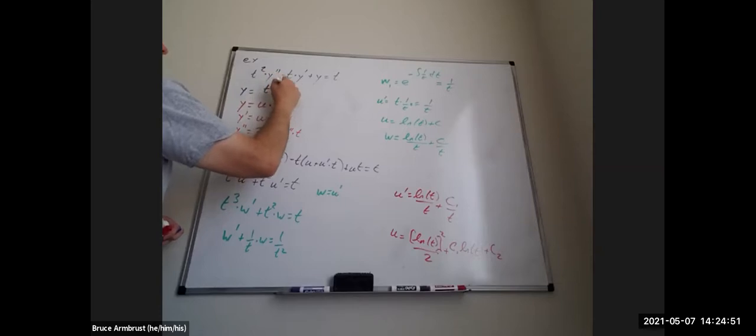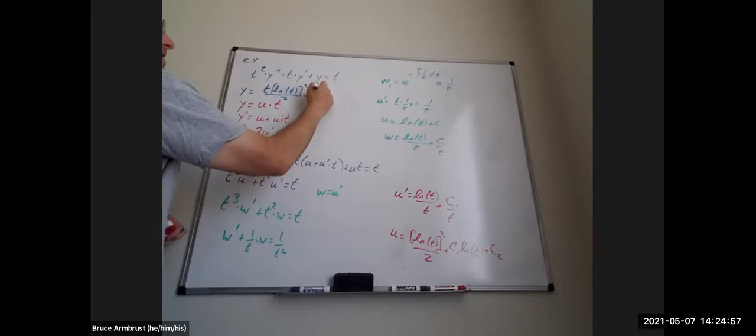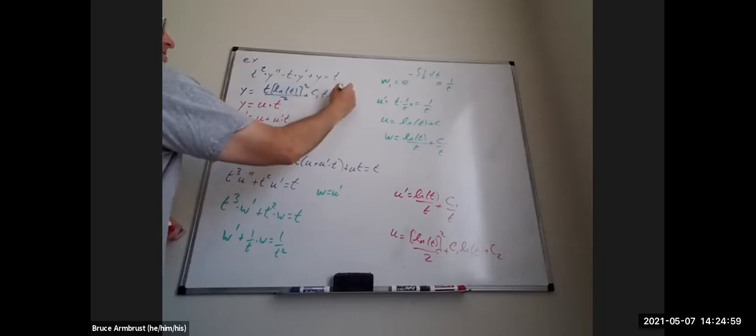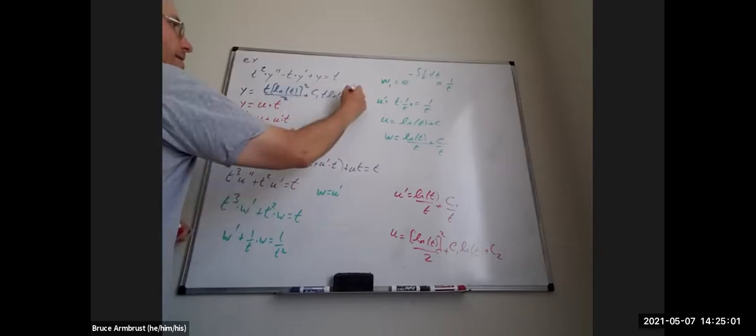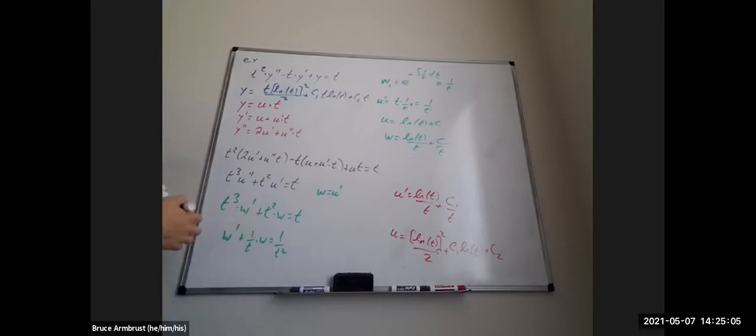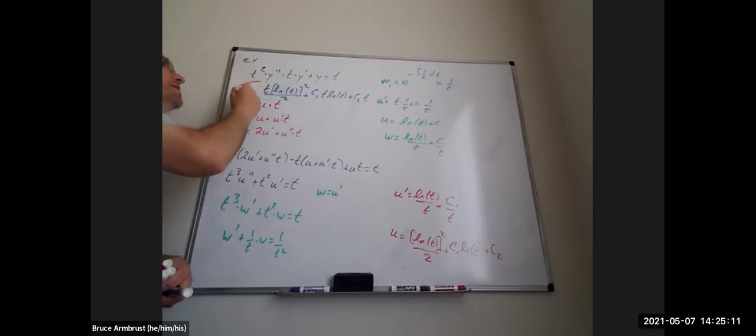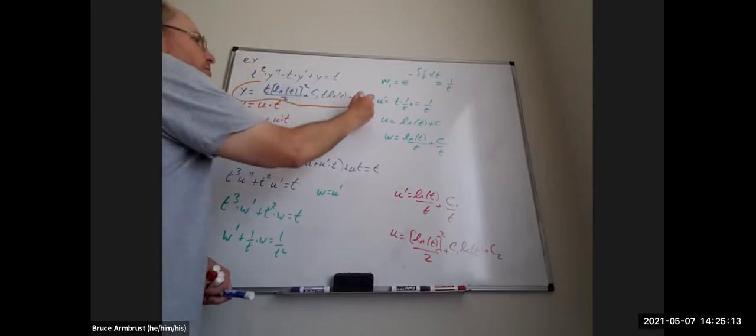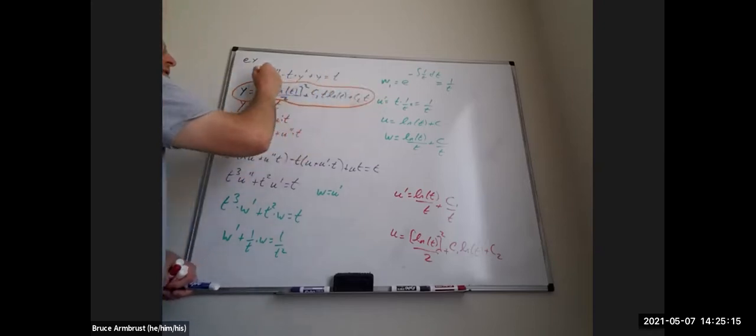So t times the natural log of t squared over 2 plus c1 t natural log of t plus c2 t. So I'm going to go ahead and circle this, or blob it actually.